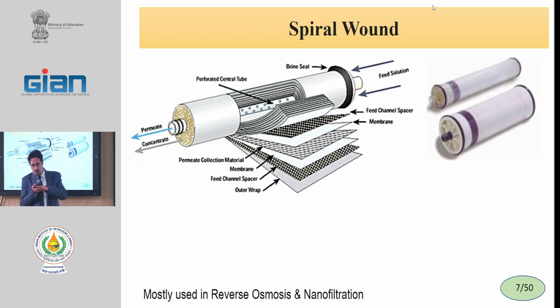We want to have a distance for passing of permeate and feed between two sheets. Therefore, with the use of the spacer, you see, this is a spacer, we create distance between two sheets for easy passing of the feed.